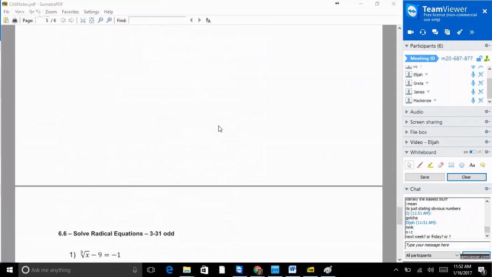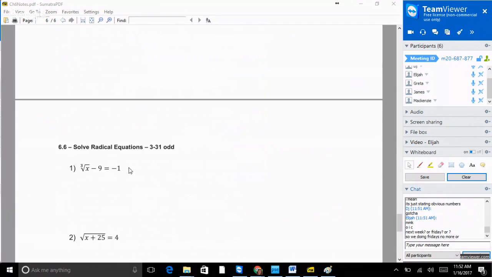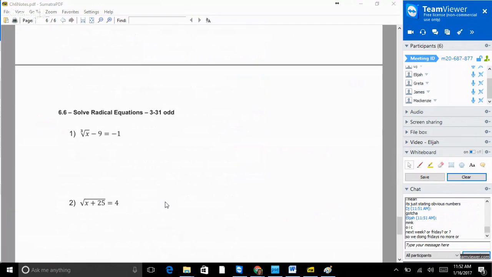And then solving radical expressions. I can go over it on Friday if you want. Radical equation. Radical just basically means this sign is the radical.